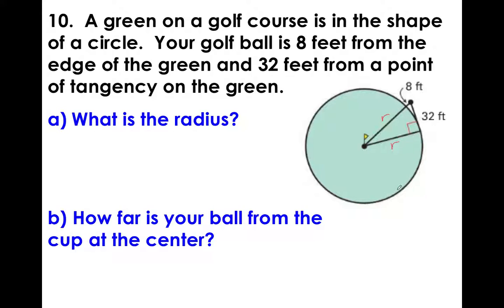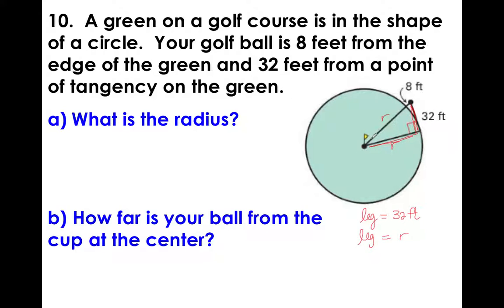Now, we need to make sure we understand something. One of my legs is equal to 32 feet. Another one of my legs is equal to R. Because remember right here, this is one leg and this is another leg.